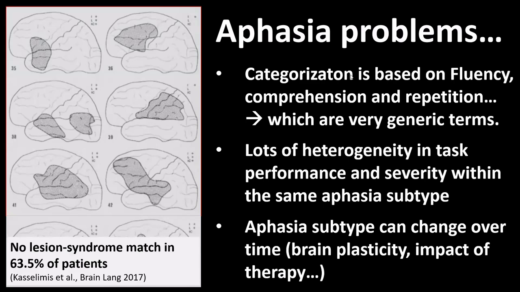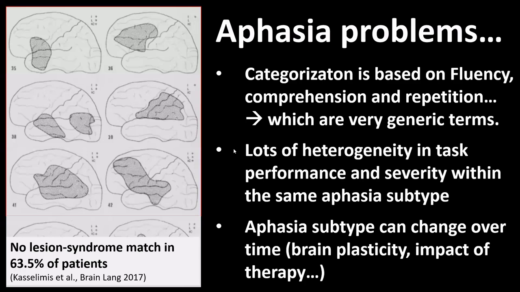Then there's the fact that the model is based on things like fluency, comprehension, repetition. These are very generic terms which have no real linguistic meaning because, as said, language is composed of stuff like phonology, semantics, morphology, syntax, and so on. Fluency, comprehension, repetition are just some superficial characteristics of language that have no real cognitive value or no real linguistic meaning.